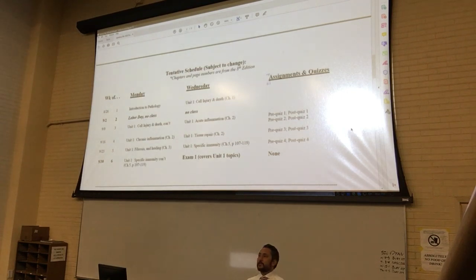Give me some examples of pluripotent stem cells, not totipotent, but pluripotent. Adipose derived. That's one. Bone marrow. That's another one. Very good.